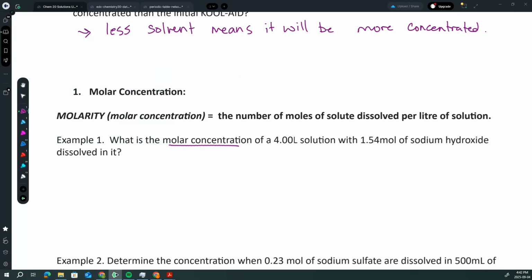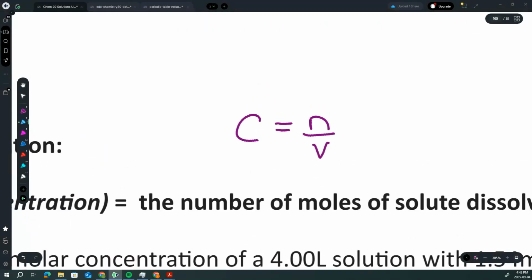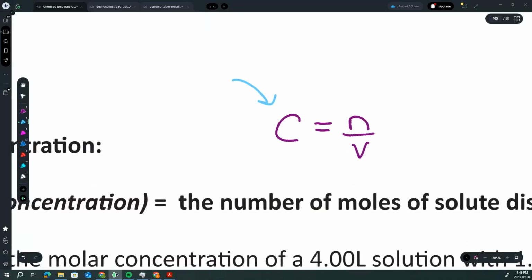So when we're figuring out molarity, we're going to be using the formula concentration is equal to moles divided by volume. So let's just write out what each piece of this formula means before we get into calculating our answer here.